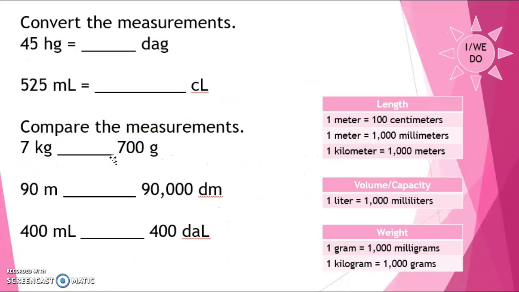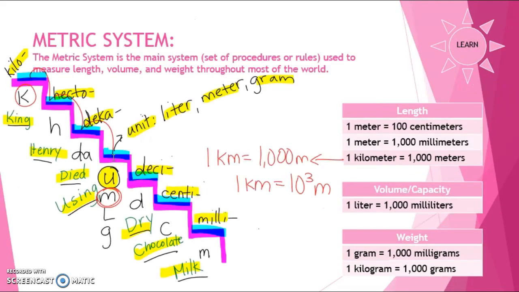So let's practice this new skill that we've learned. 45 hectograms equals how many decagrams? Let's go back to our chart. So 45 hectograms, we're starting here, is how many decagrams?